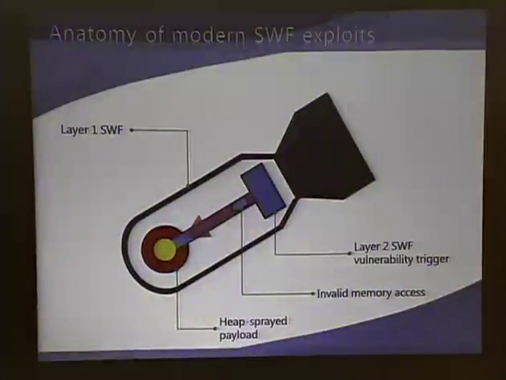And it will hit the payload, and it will make the nuclear reaction happen. So this is the same in a SWF file. The layer 2 SWF file will trigger the vulnerability. It will crash, it will make some invalid memory access happen. And that will hit the heap spraying payload inside the memory, and it will make the code execution happen.